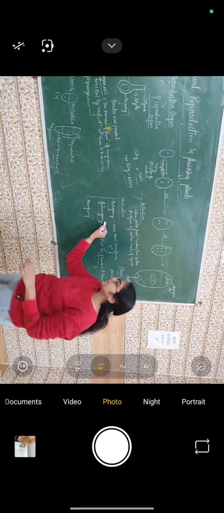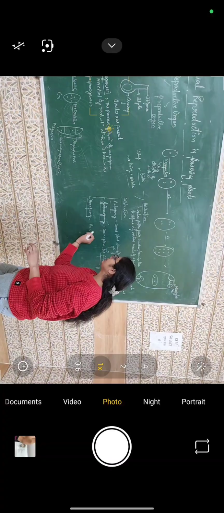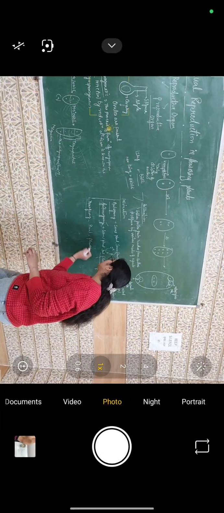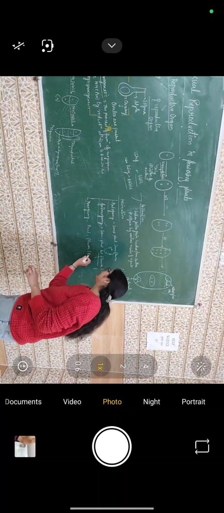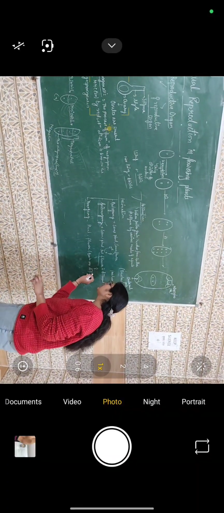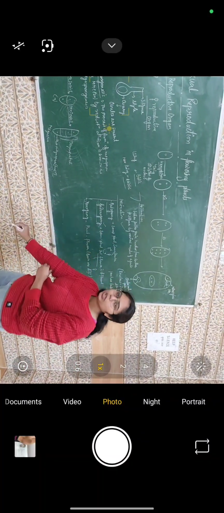This is known as geitonogamy. In xenogamy, the plant is different and the flower is also different. Both are different. They can be of the same species or of different species. So this concept is known as pollination.